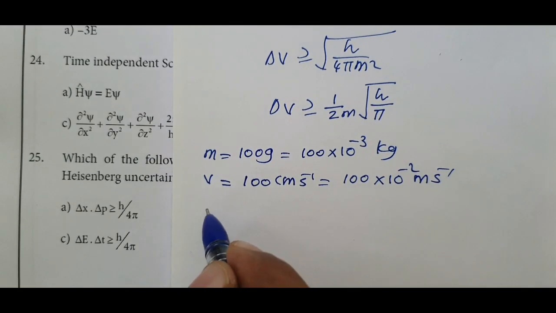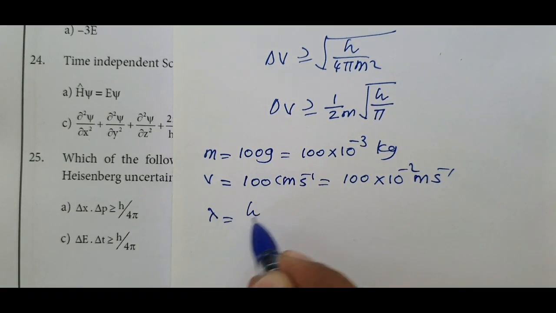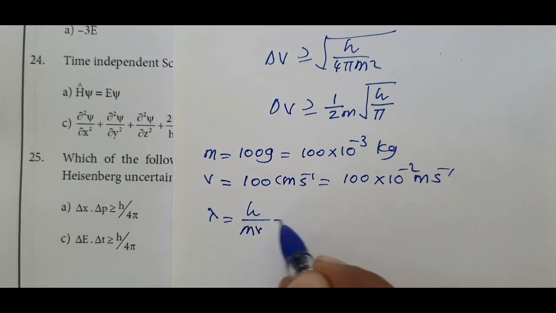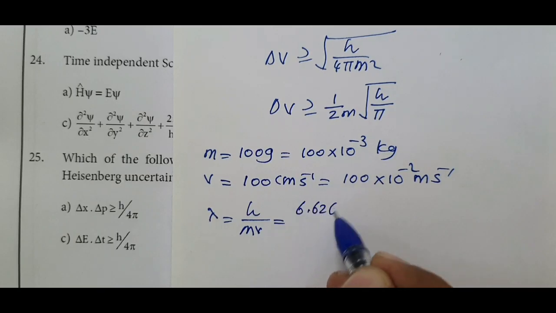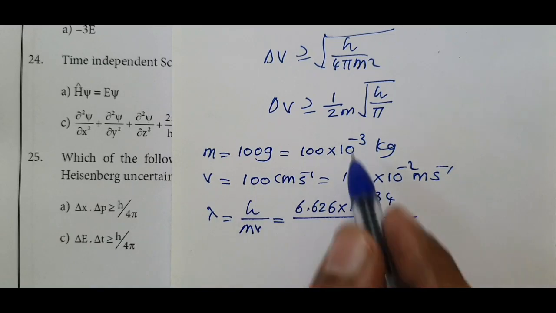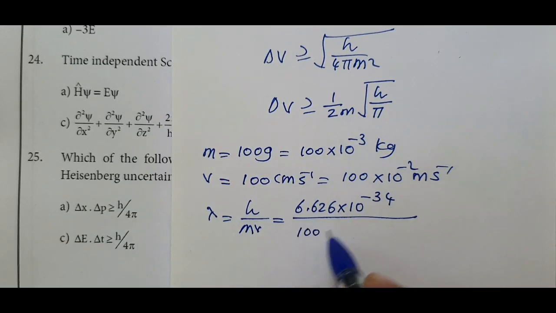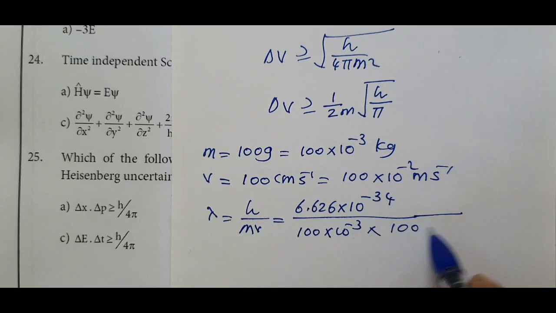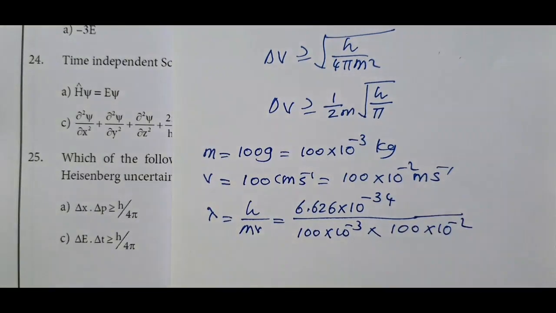Lambda formula we know h by mv. h equal to 6.626 into 10 power minus 34 divided by m value 100 into 10 power minus 3 into v value 100 into 10 power minus 2.